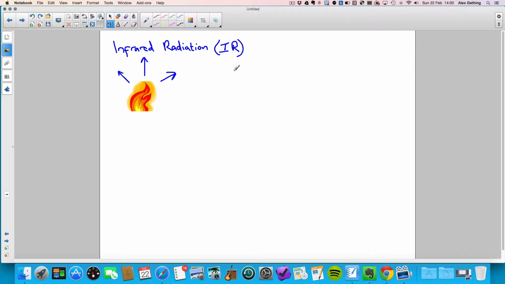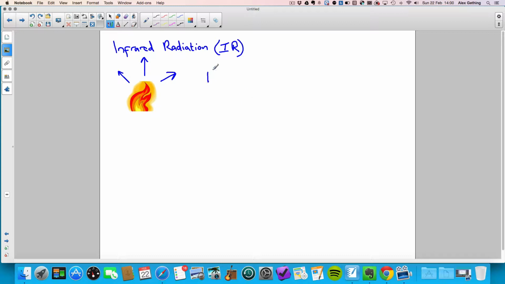So there's the infrared radiation being given off. The temperature, colour and shininess of an object all determine how much radiation is given off and how much it actually emits. So we have a requirement to know that all materials emit and absorb infrared radiation, and that the hotter an object is, the higher its rate of emission.